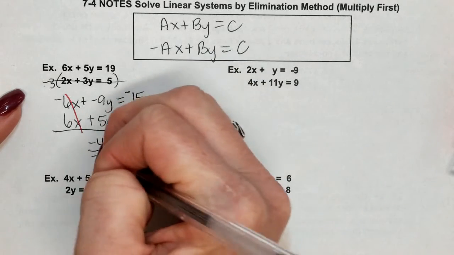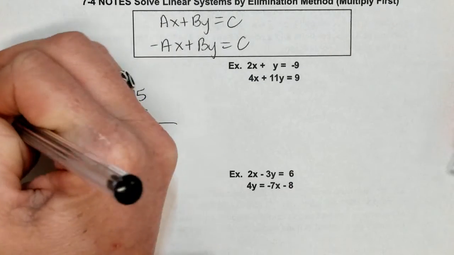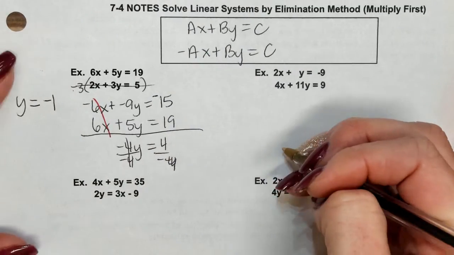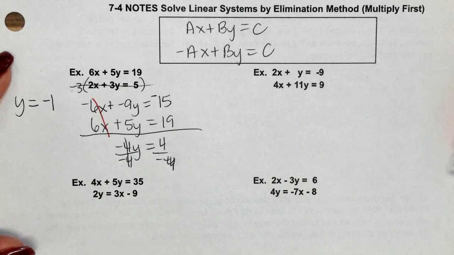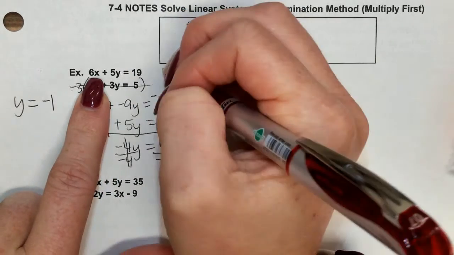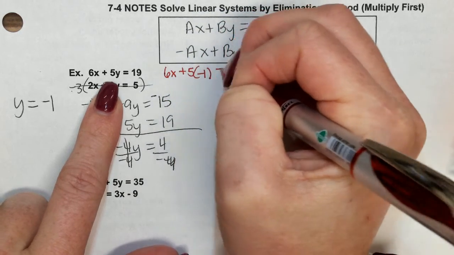And then I'm going to divide by negative 4. That cancels out, and y is negative 1. Now that I know y, I can plug it back in to solve for x. So I'm going to solve for x with this equation. I have 6 times x plus 5 times negative 1 equals 19.